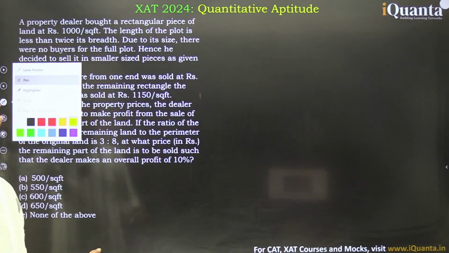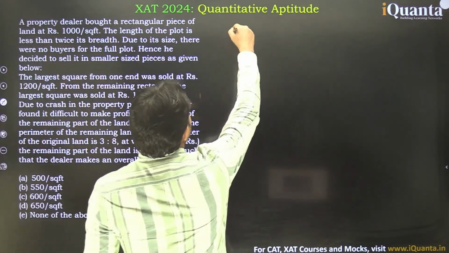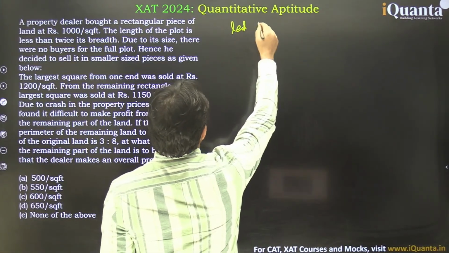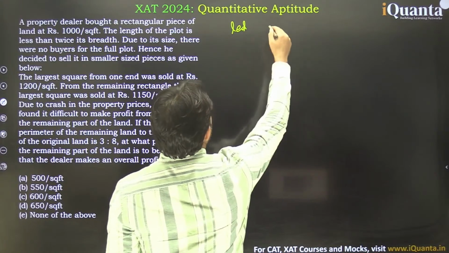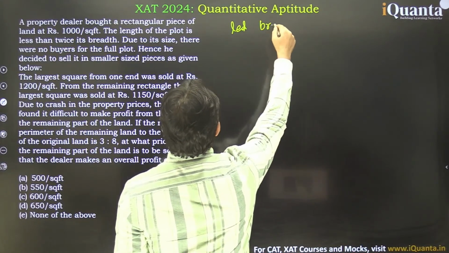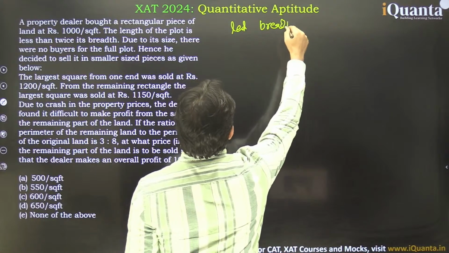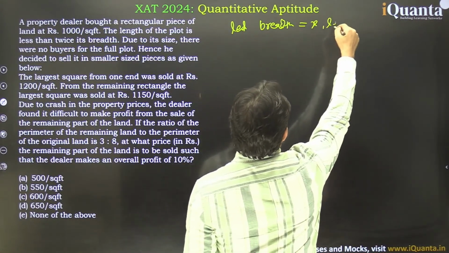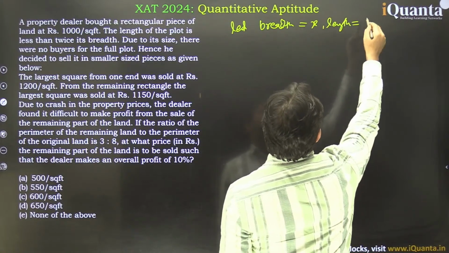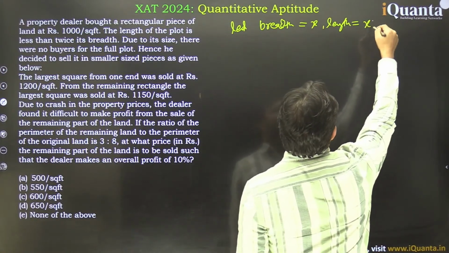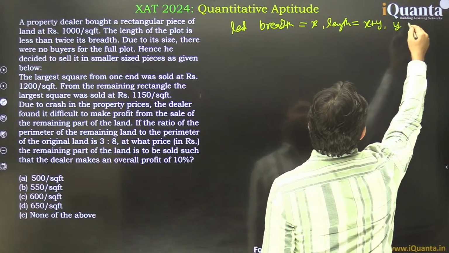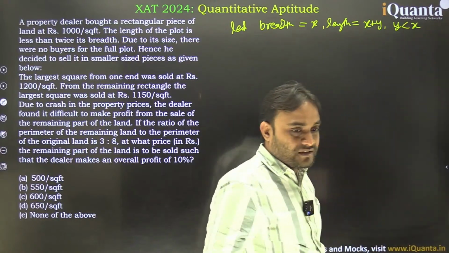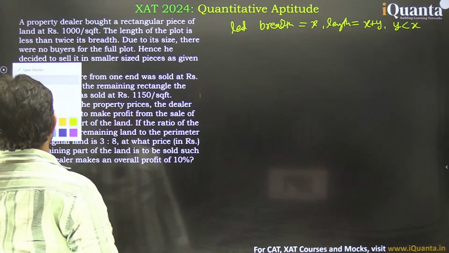Hence, he decided to sell it in smaller sized pieces as given below. So first let breadth be equal to x. Then we can say length will be equal to x plus y, where y is less than x, right? So the situation will be like this.